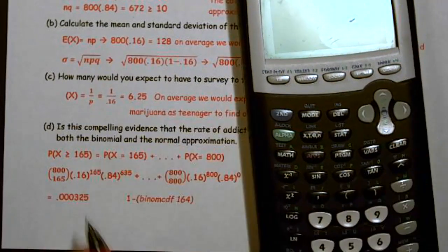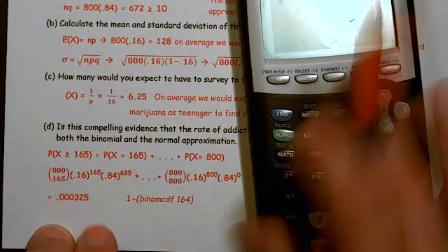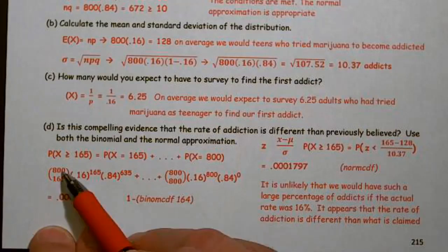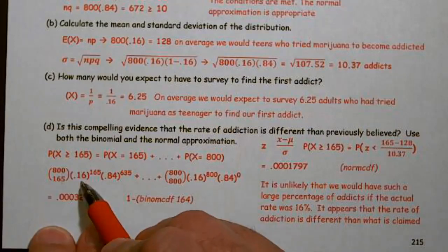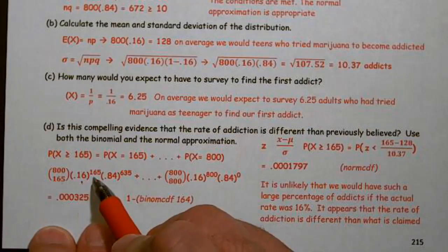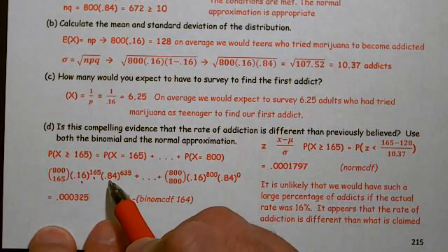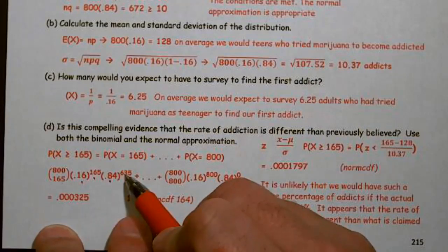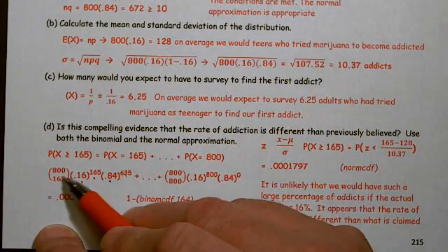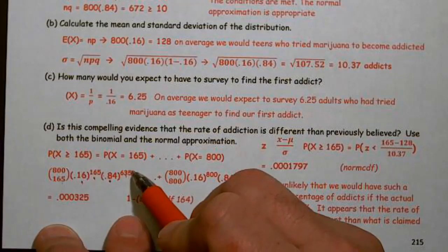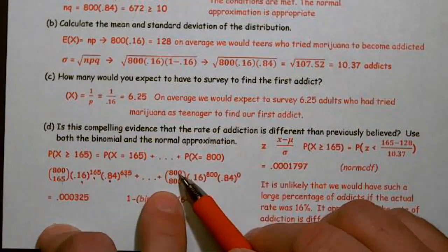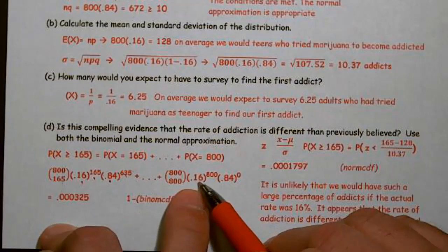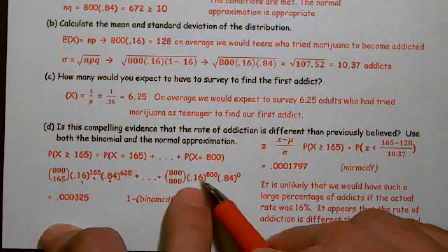Because we're not starting at 0, and this will be our work shown, 800 choose 165. Probability of success, being addicted, is 0.16. Probability of not being addicted is 0.84, and we end up getting 800 minus 165, which gives me 635.